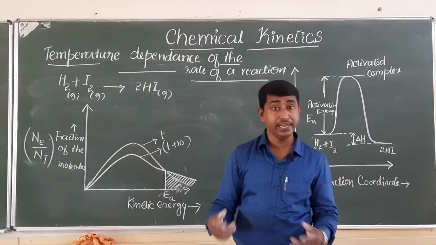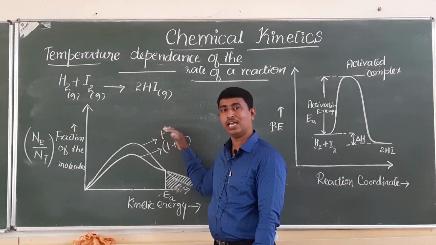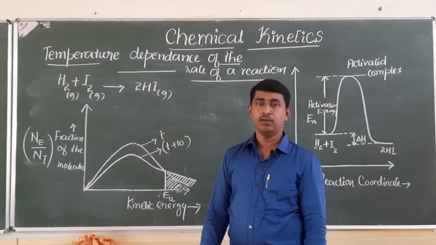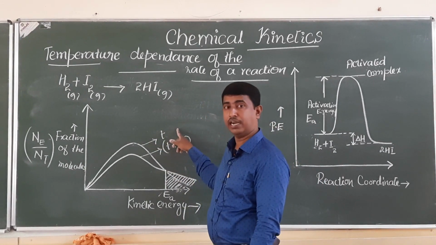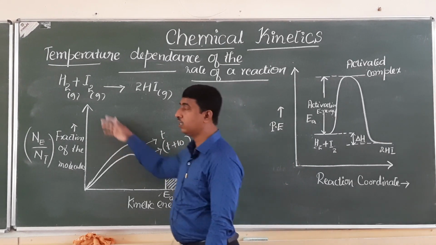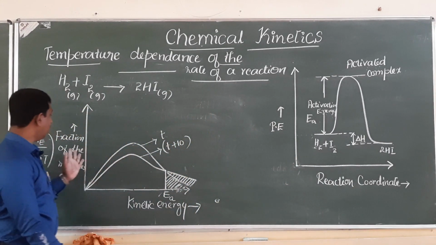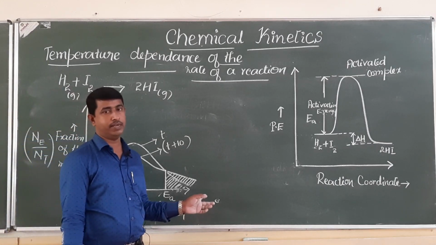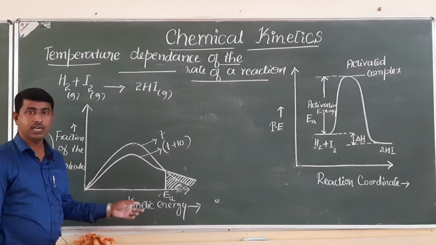In order to explain the energy distribution among the gas molecules, Maxwell and Boltzmann used statistics and plotted fraction of the molecules versus kinetic energy.